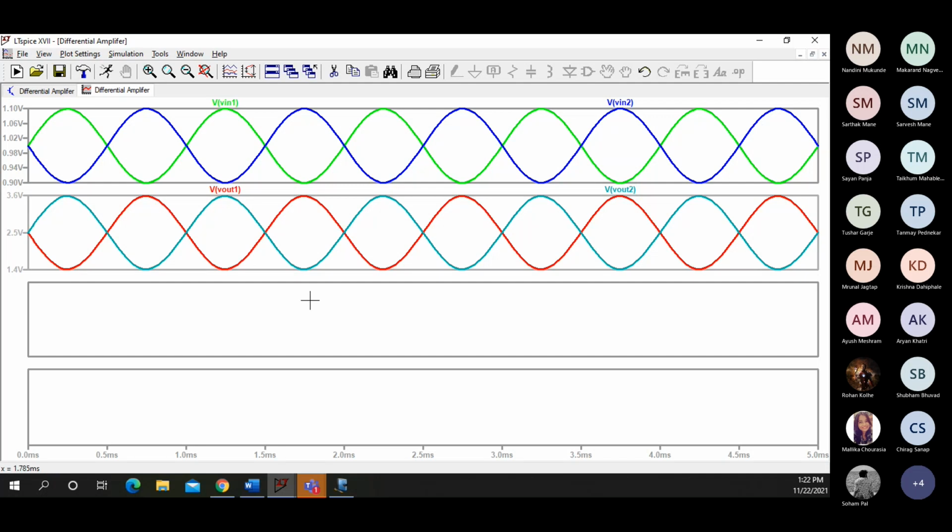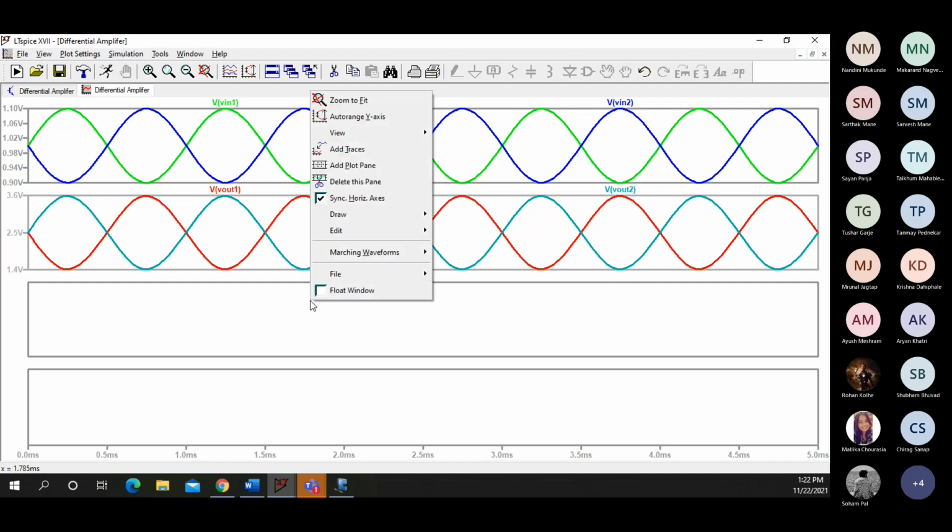Now we are not really interested in the individual inputs and outputs, but we are interested in the difference.